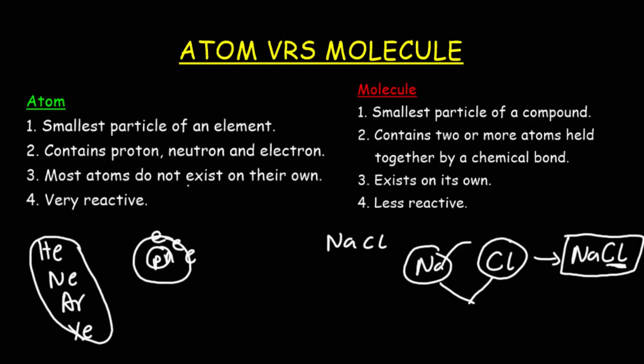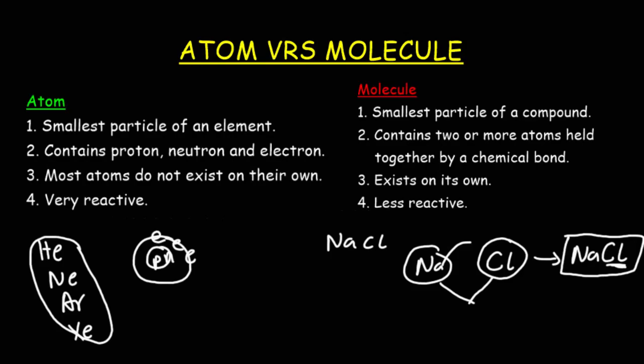That interaction with other atoms is what we call reactivity. All right. So the ability of an atom to interact with another atom gives that atom its reactivity. So because of that, we say that atoms are very reactive.